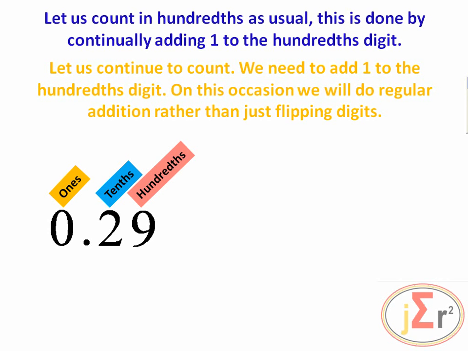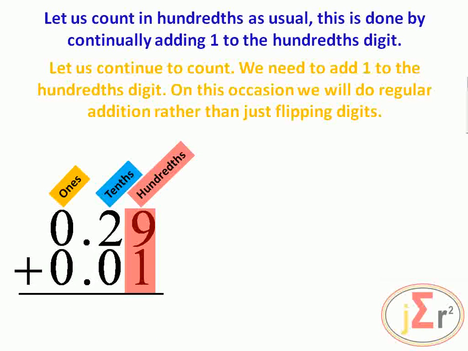On this occasion, we will do regular addition rather than just flipping digits. So instead of just flipping the digit and moving on, we will do the actual addition of 1 to that hundredth digit. When we add that, what will happen? Right, 9 plus 1 is 10.